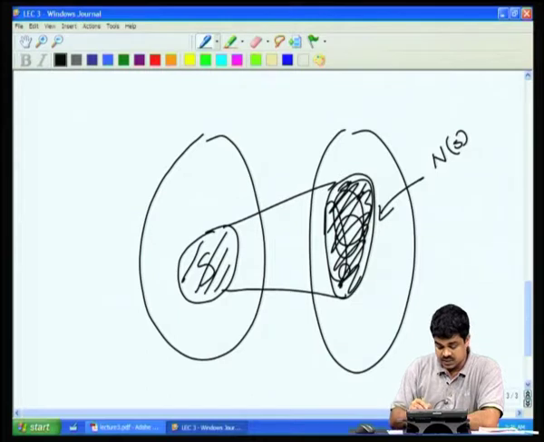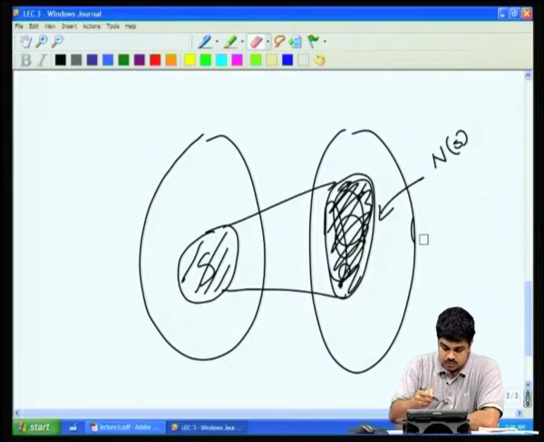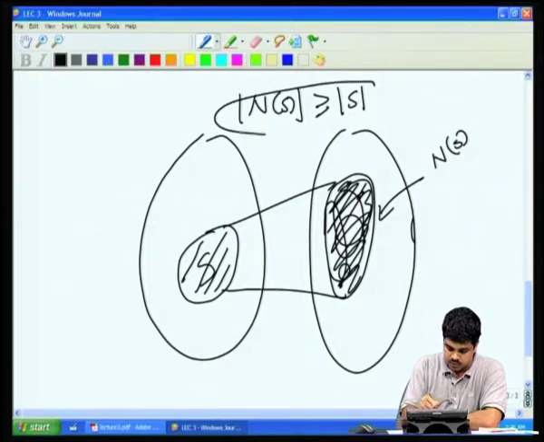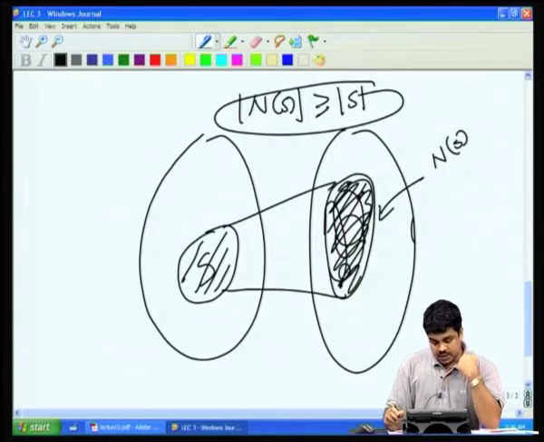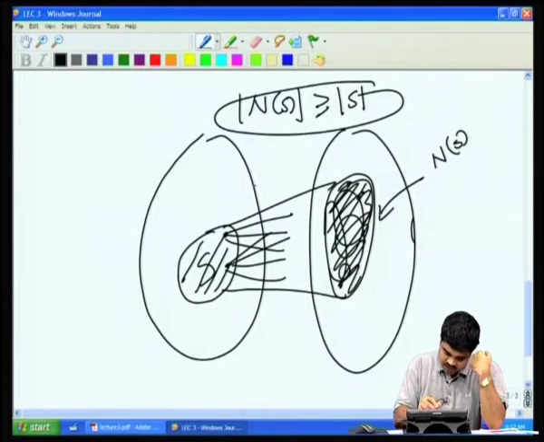Now, I want to show that the cardinality of N of S is at least as much as the cardinality of S. This is the aim: the cardinality of N of S is greater than or equal to that of S. To show this, the technique is to count the number of edges that go out of S. That means we ask how many edges have one endpoint in S. Naturally, this can be easily counted.